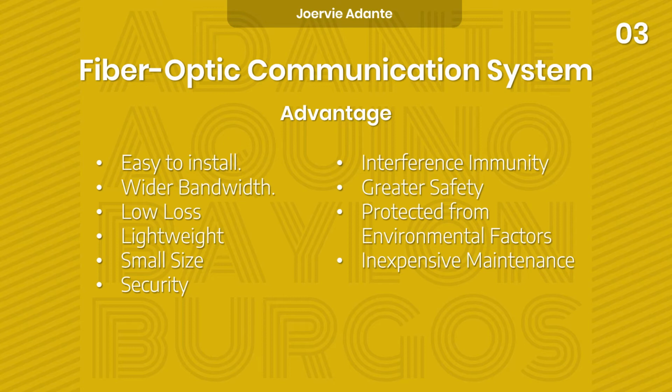Security. Fiber optic cables cannot be easily tapped as electrical cables can, and they do not radiate signals that can be picked up for eavesdropping purposes. There is less need for complex and expensive encryption techniques. Interference immunity.